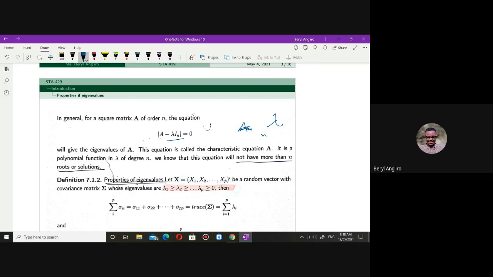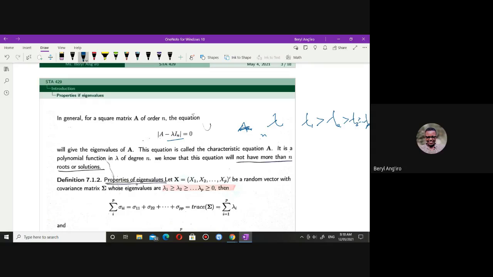We have the properties of these eigenvalues. Given a random vector X with the corresponding covariance matrix sigma, and the eigenvalues, so the first eigenvalue must be greater than the second eigenvalue, which is greater than the third, up to the pth eigenvalue.